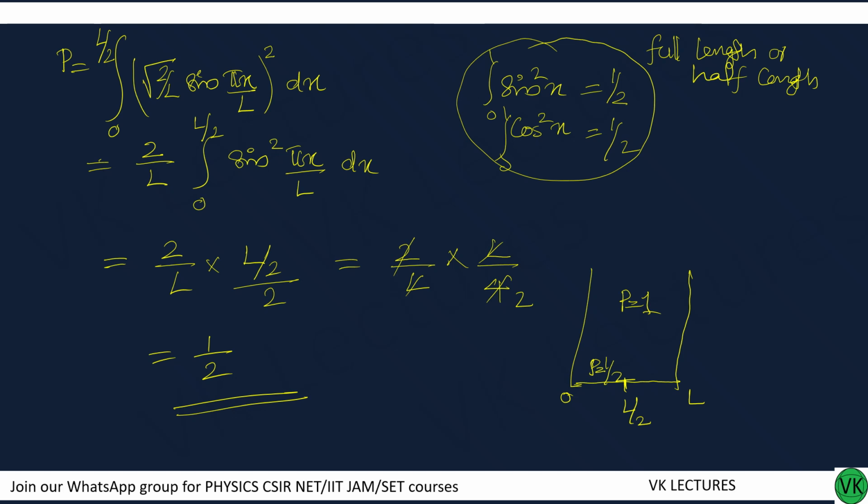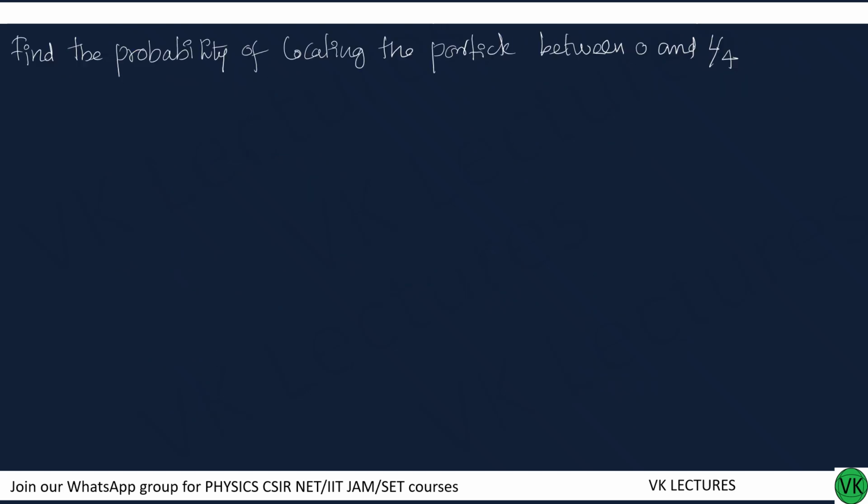Okay, so coming to the next problem: find the probability of locating the particle between 0 and L by 4. The same problem that we are dealing with, particle in a box, just consider this in the ground state only, that is n is equal to 1.